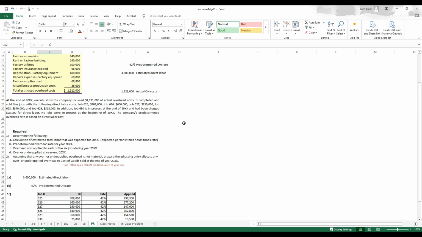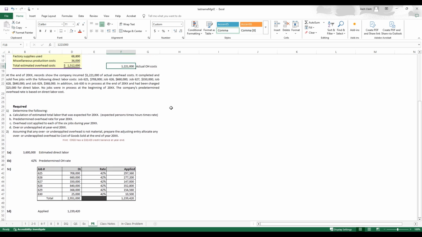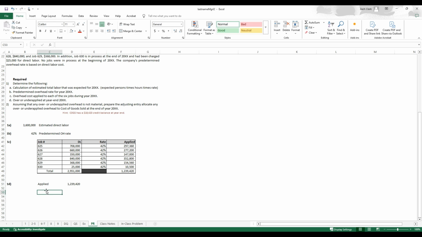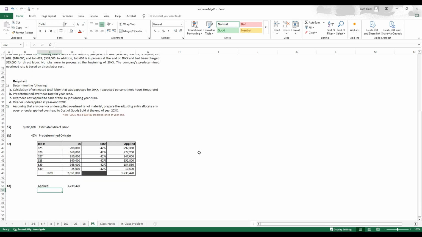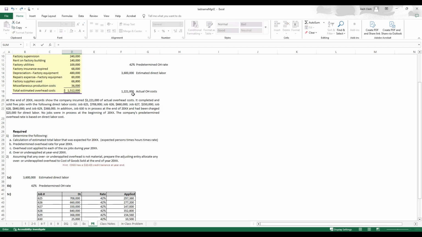Our actual overhead, where did it tell us that? Above, oh yeah, right here. So it told us that our actual overhead cost was 1,221,021. Yeah, actual overhead costs. I think we can just give me a link back to that. Yep.